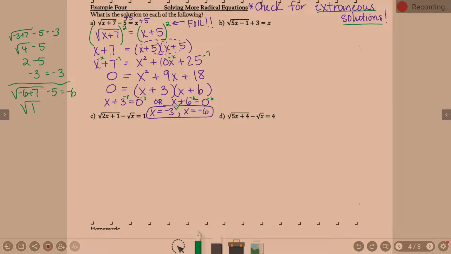The square root of 1 is 1. 1 minus 5 is negative 4. Does negative 4 equal negative 6? No. So what did we just figure out? Negative 6 is an extraneous solution. Thus, you need to check your answers. Okay?